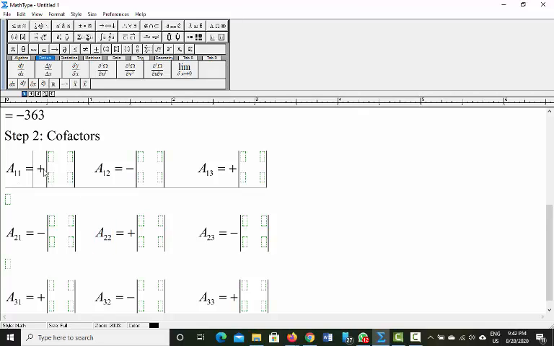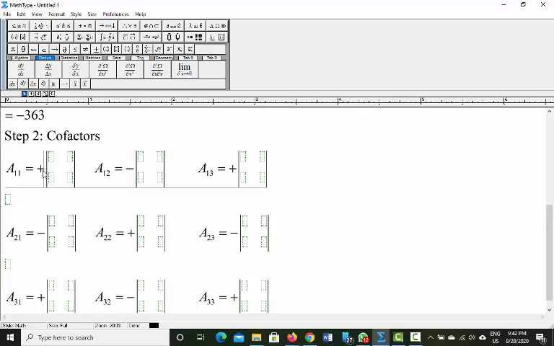And remember, if you want to find the cofactor of a matrix, the sign of the first element will be plus. The sign of the first element should always be plus, and the second element will be minus. Since this is plus, all the adjacent elements will be opposite.